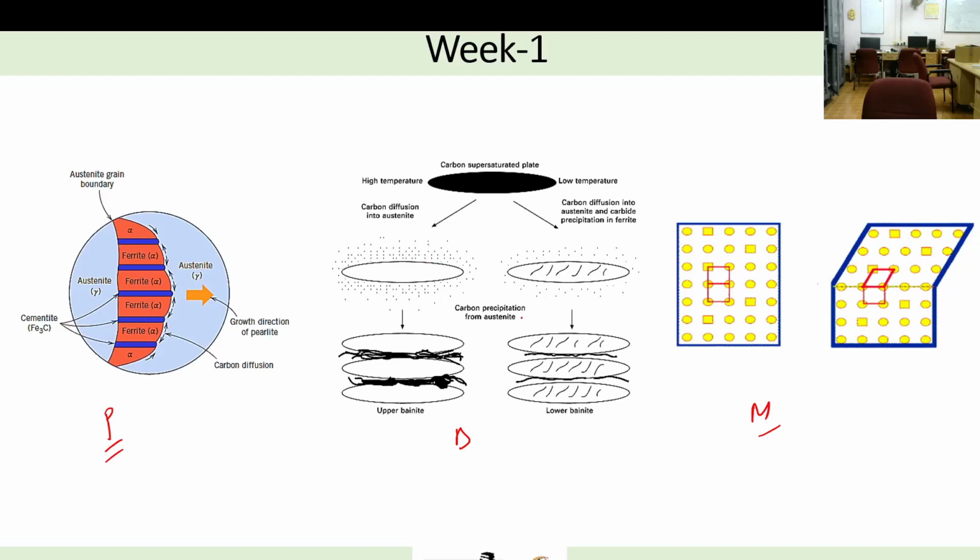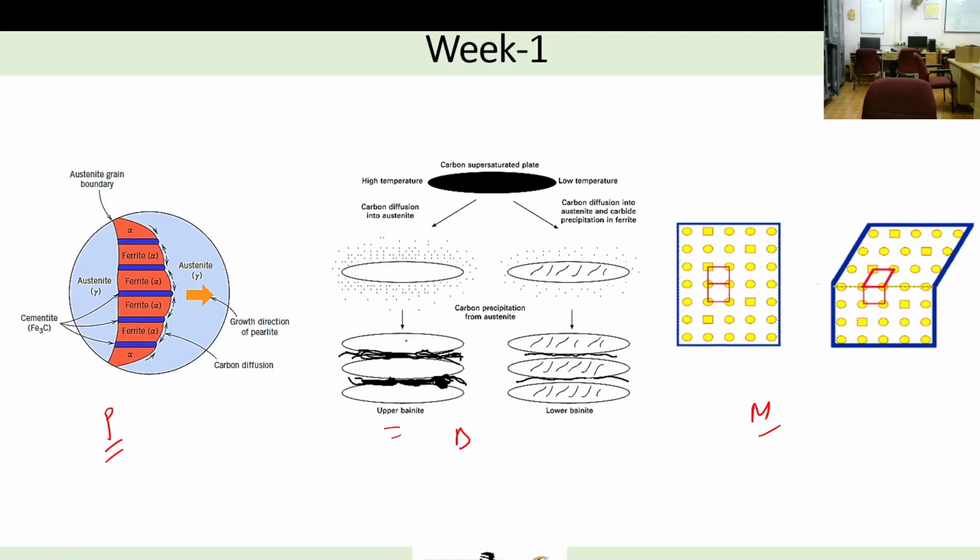Talking about the bainite, you can see here we have a carbon supersaturated plate, or you can say lens shape. Depending on the temperature at which you are cooling it from that high temperature region, we can have two types of bainite, upper bainite and lower bainite. Upper bainite forms if you are giving a slightly lower cooling rate compared to the lower bainite, and the morphology of both the bainites will be different.